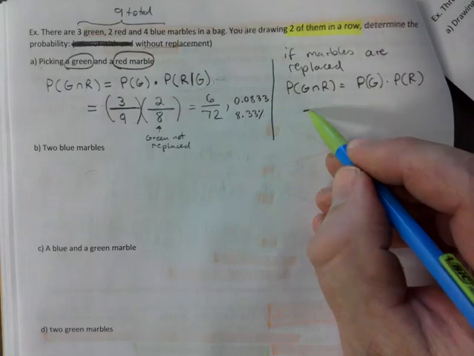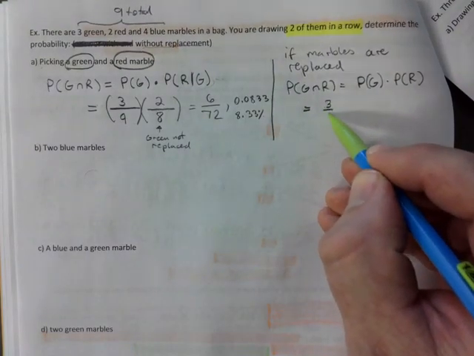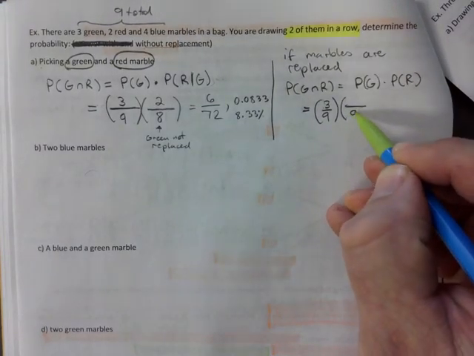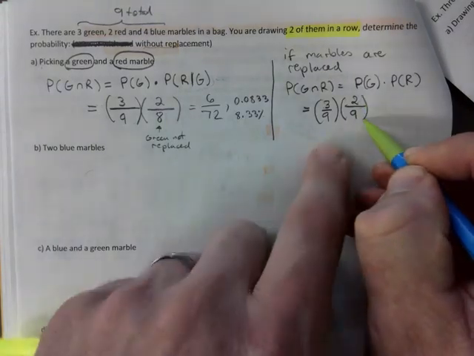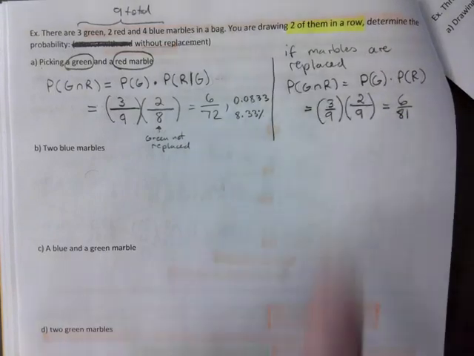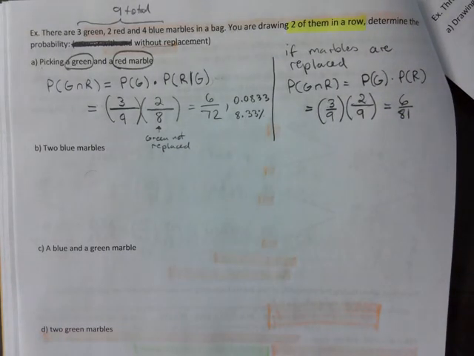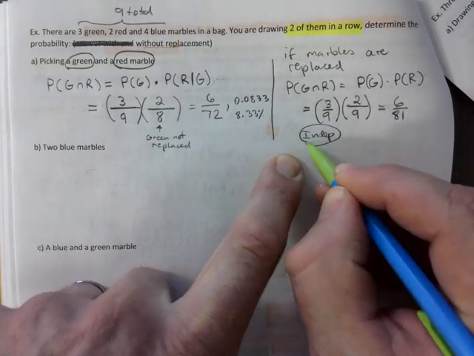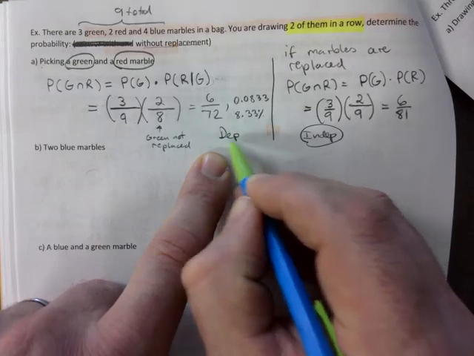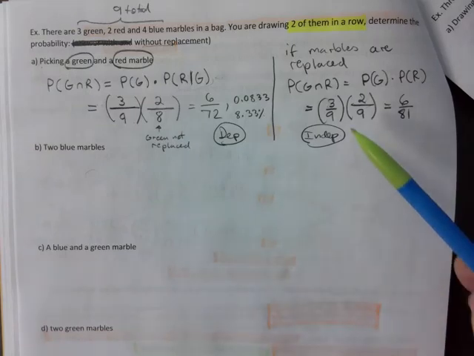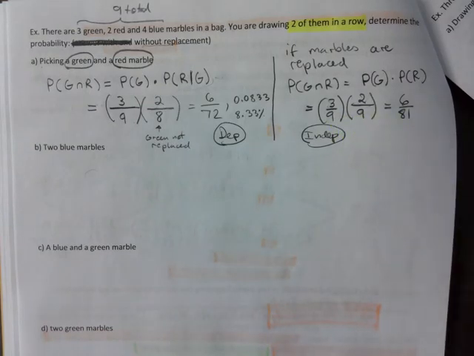So P(G) is 3 over 9, and the other one is 2 over 9. That's 6 over 81. I'll just leave it at that. So this is independent, and this is dependent. Just so you see the difference, here nothing has affected the total.